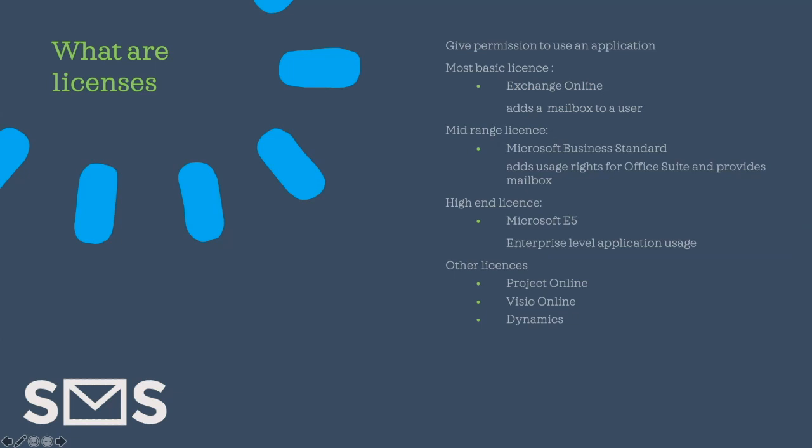Microsoft offer licenses in multiple hierarchies, starting from the most basic Exchange Online kiosk, which is just a mailbox you can access via the web page, right up to high-end licenses that can include full application access, security and mobile device management bolt-ons, Azure Active Directory access rights, and a plethora of other options. And of course, there are other standalone licenses for Project, Visio, Dynamics, and many other applications. Our sales team will be more than happy to discuss license options with you at any time. Next slide, please.